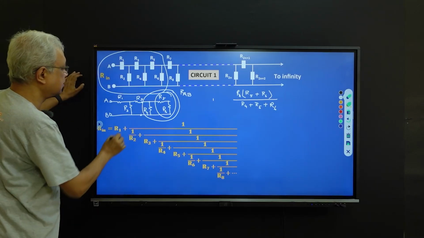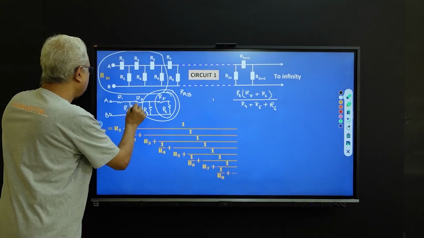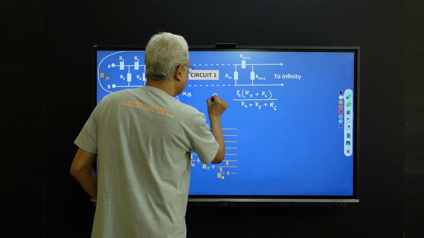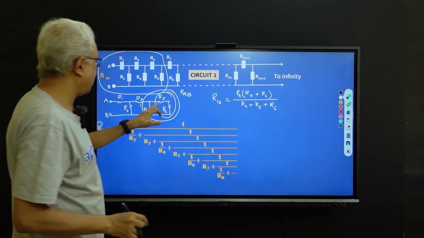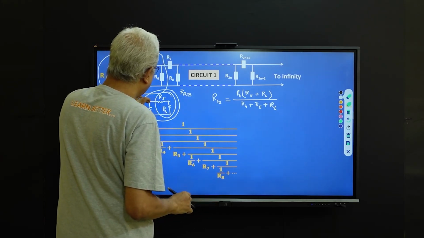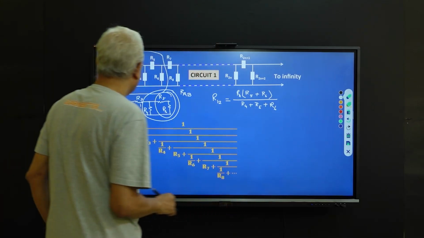So this is the resistance between these two points, the input resistance. If I call this 1, 2, so this is R12, you can say. This is the parallel combination of R4 and R5 plus R6. That's why I've written it like this.